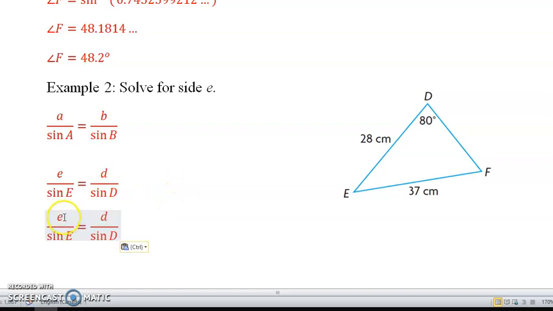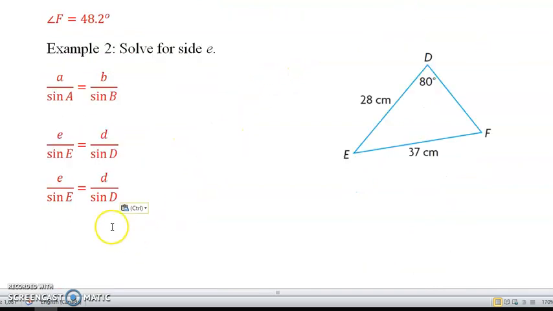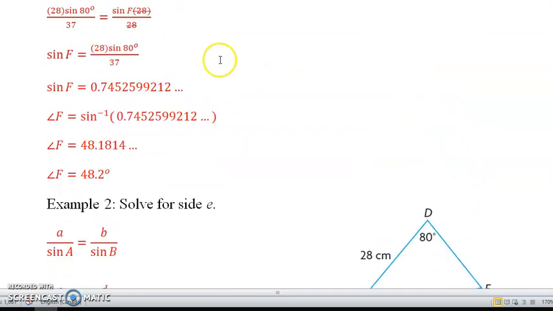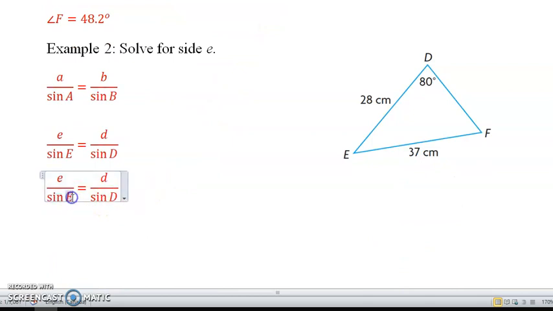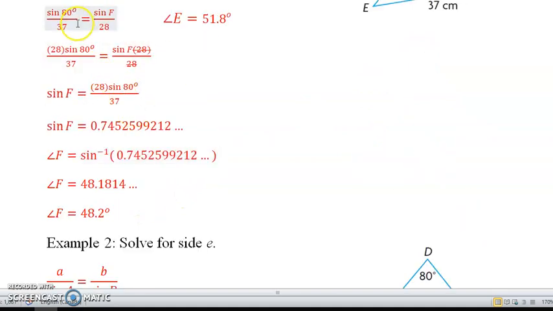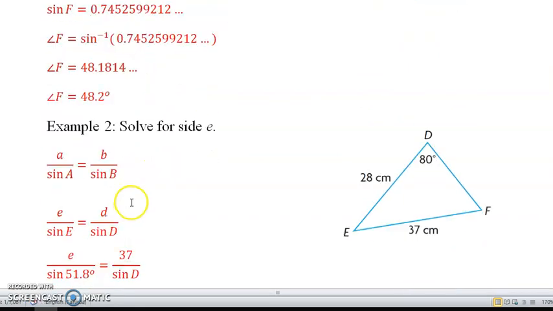All right. So E is what we're looking for. Angle E we found to be 51.8. So we'll take that 51.8 that we found. Side D was given at 37, and angle D was given at 80 degrees. So I'll grab that 80 degrees as well.